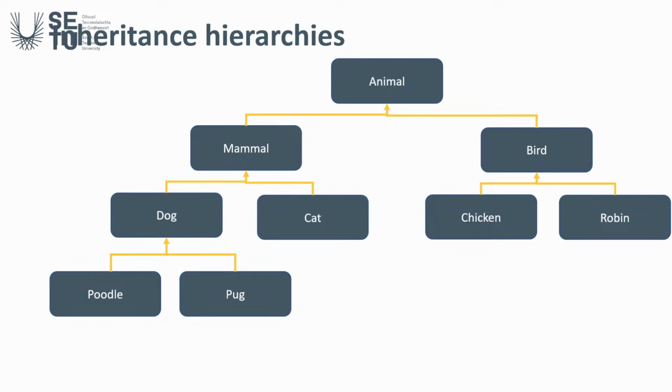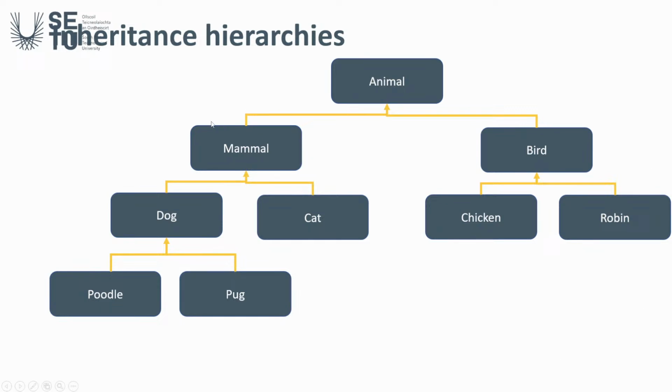We can have inheritance that goes down many levels. So a poodle can inherit from a dog can inherit from a mammal, and a mammal can inherit from an animal. So in animal, we'd have all of the fields and properties that all of these classes have in common.